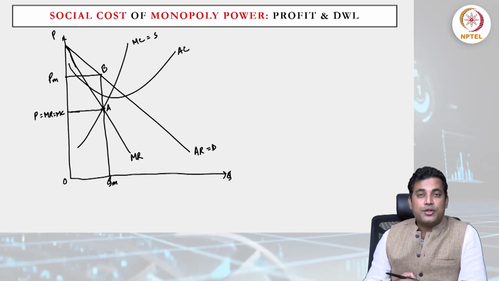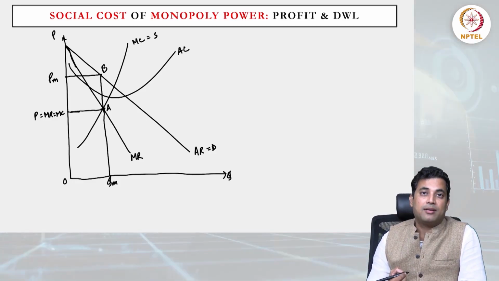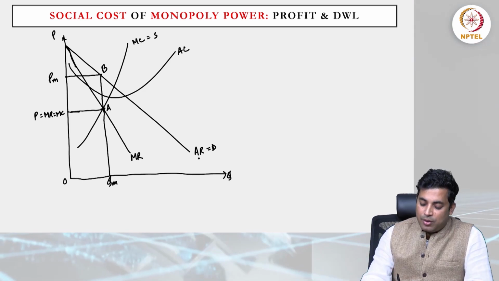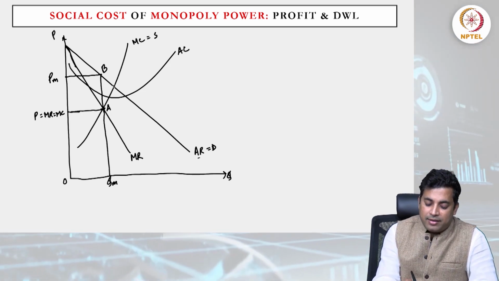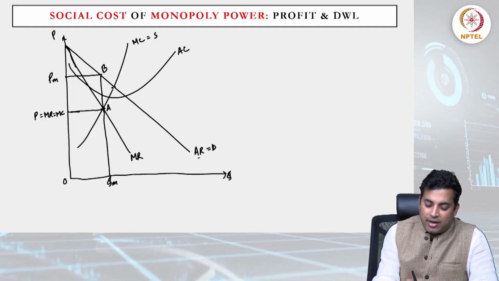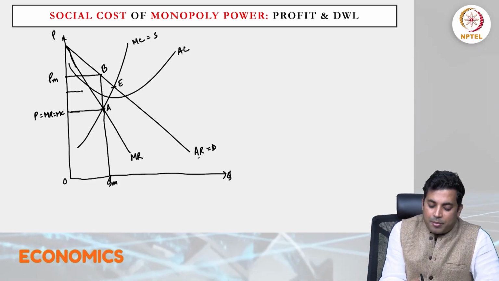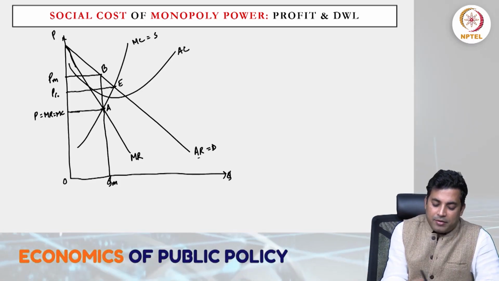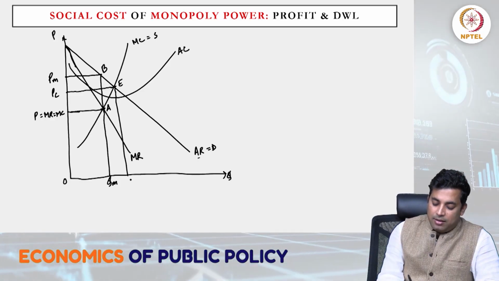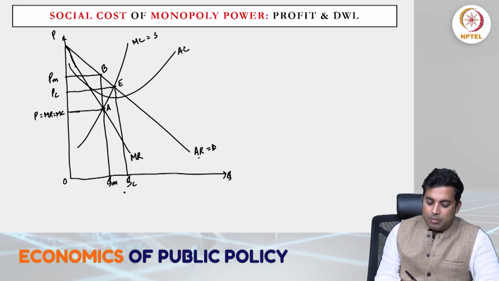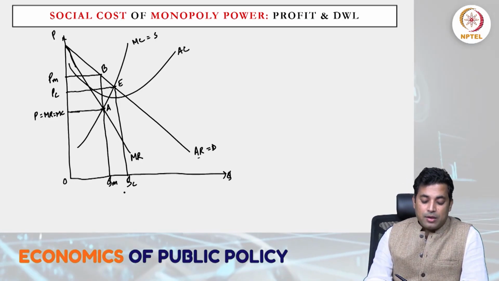Let us also find the price under perfect competition here. Average revenue, the demand, and marginal cost, which is supply, intersect at say point E, and this is the price and quantity under perfect competition.